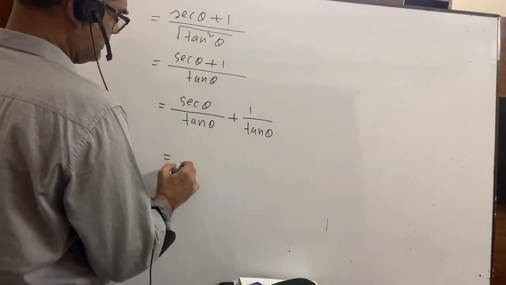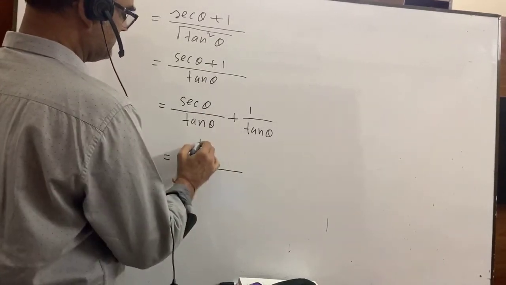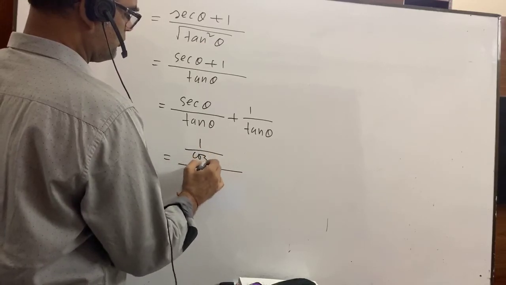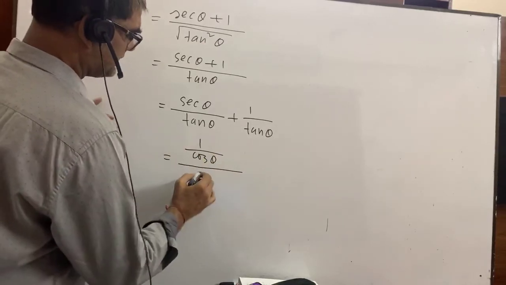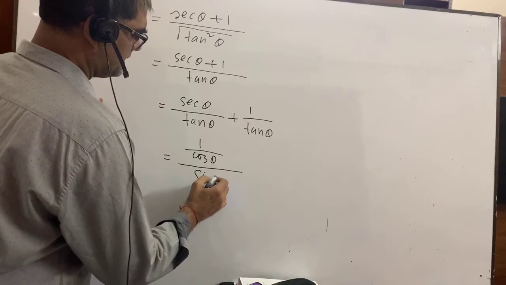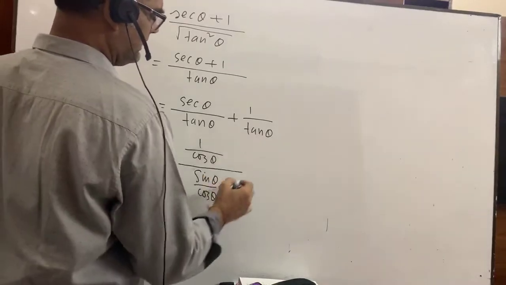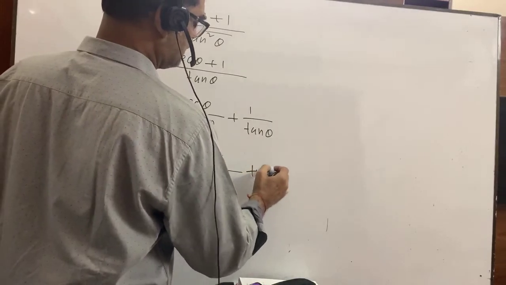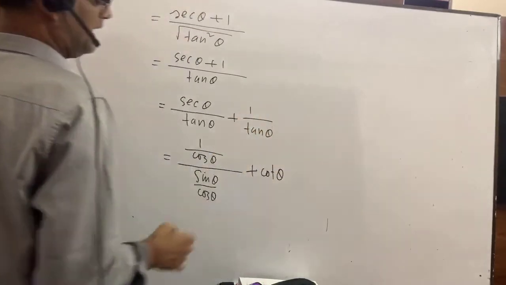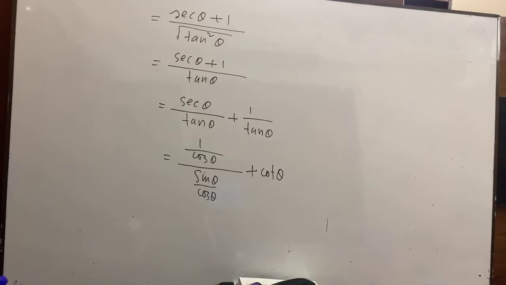Now this sec theta can be written as 1 by cos theta. This tan theta can be written sin theta by cos theta, right? And here it is cot theta, as per the requirement of the proof. I am not going to change it. Okay, it is just cot theta.